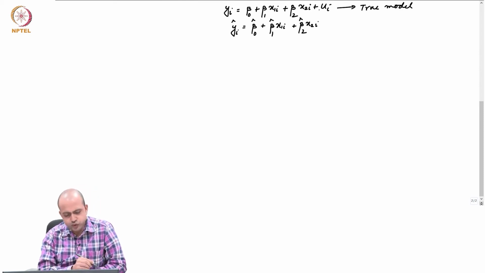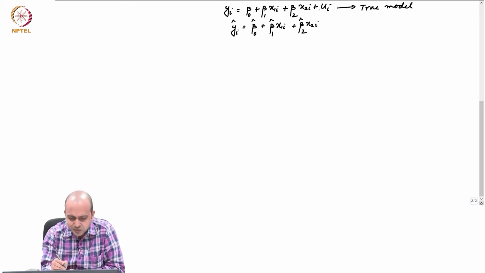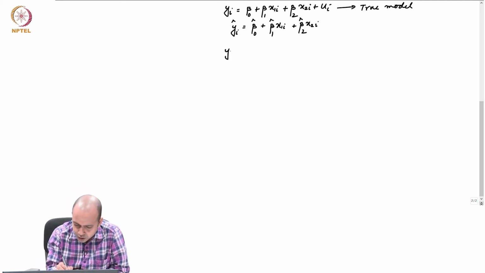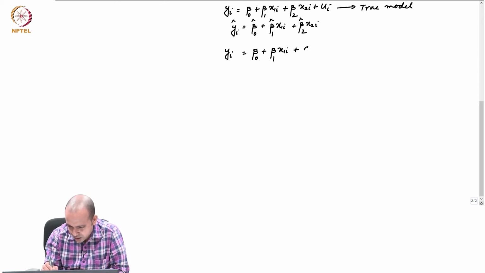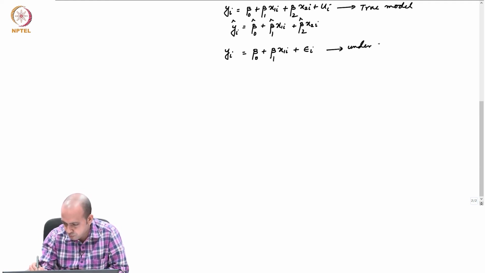Now, let us suppose because of ignorance or data non-availability, we specify a model which looks like y_i equals beta 0 plus beta 1 x1i plus epsilon_i. This model we call the under specified model.